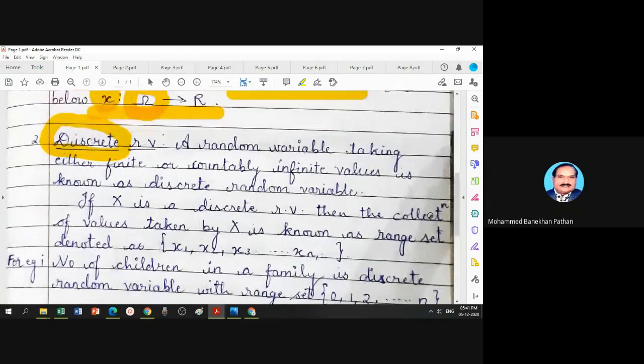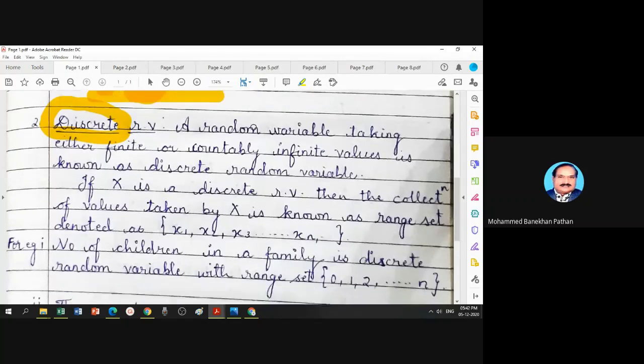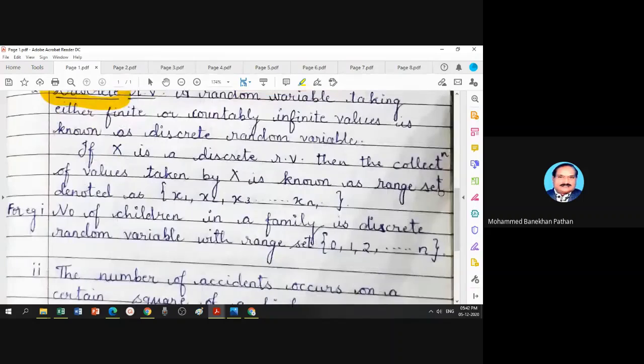That means the collection of values you get from the real numbers is called the range set, and that is from the concept of mathematics. I write the collection as small x1, small x2, small x3, and so on up to small xn.